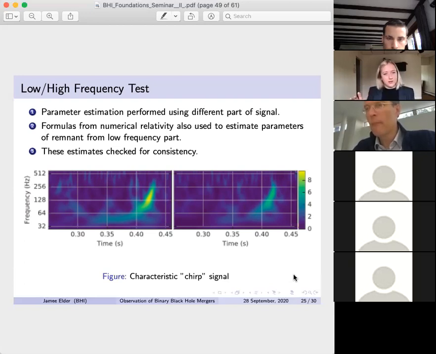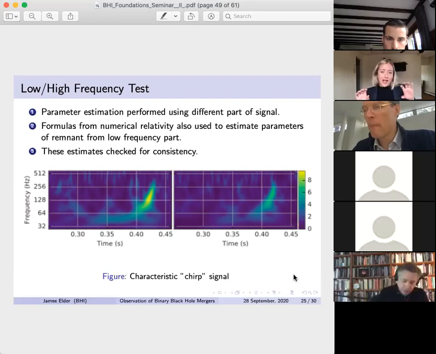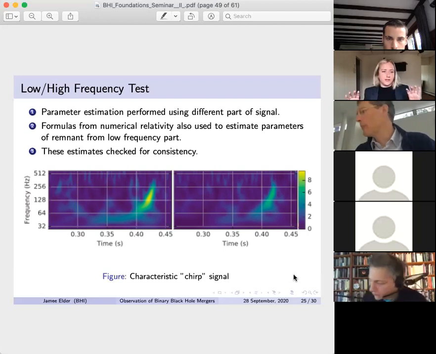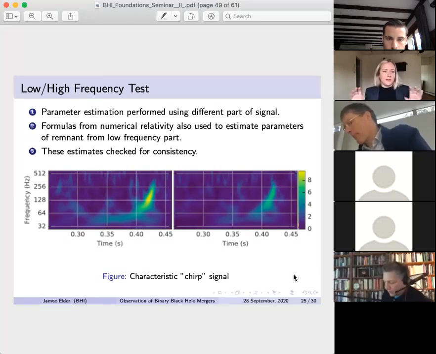And we shouldn't really expect there to be deviations from GR in that regime. Then you perform parameter estimation for the high frequency part, where there may indeed be deviations from GR. And then connect those two estimates using formulas for numerical relativity.